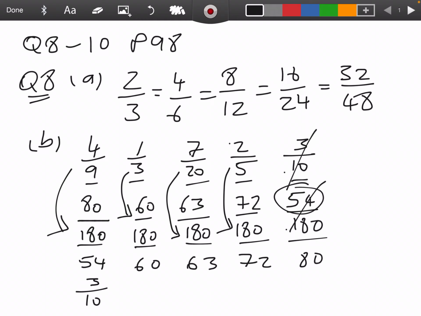The next one then is 60, which is 1 over 3. The next one's 63, which is 7 over 20, so we can scratch them out. 72 is the next one, which is 2 over 5.